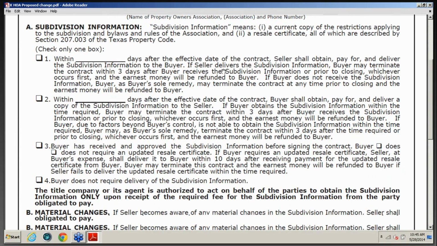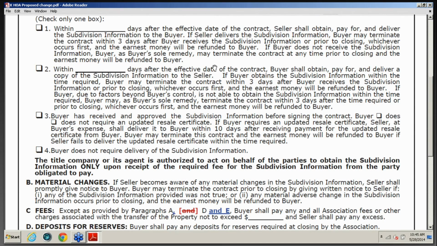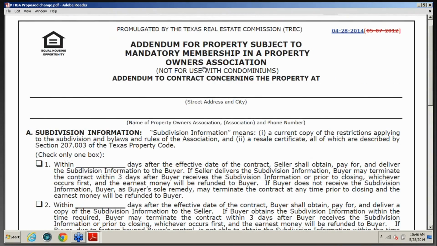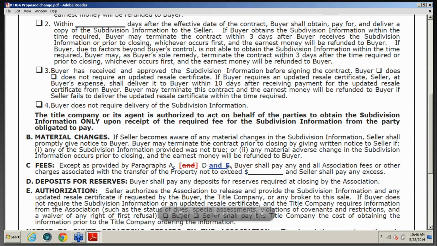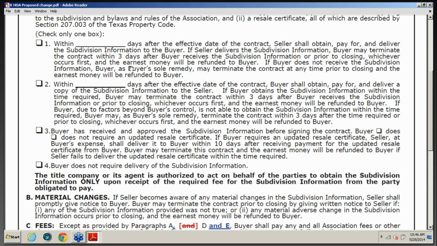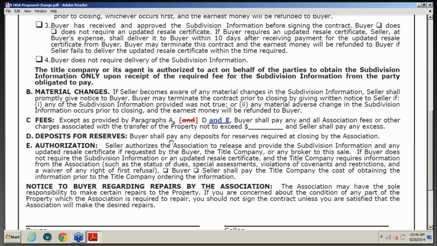The mineral form I am really concerned with, and I'm going to share that with you here in just a minute. But on the HOA, really the only change was this. They just added an E. So basically everything is up to the buyer to pay to get it transferred, except for if for any reason in A you had the seller is going to provide that, or in D, the deposits and reserves, it says the buyer will pay for that, and or E, the seller authorizes the association to release information to the buyer or the title company.